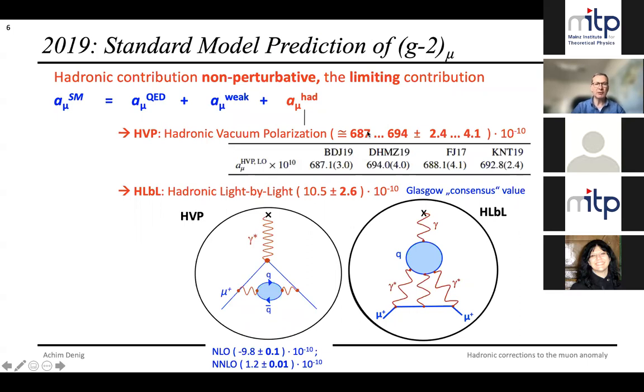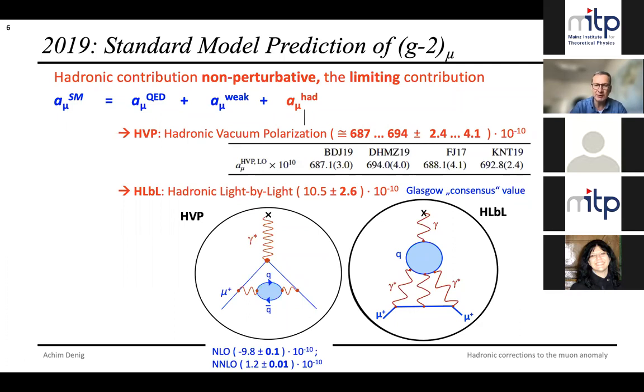The numbers I show here, about 700 in units of 10 to the minus 10, are actually relatively old calculations by various groups. Essentially, you can see that the uncertainty of the light-by-light contribution and the vacuum polarization contribution is in the same ballpark, although absolutely this HVP contribution is so much larger. So I'm going to discuss now in this talk how experiments can provide input to this problem.